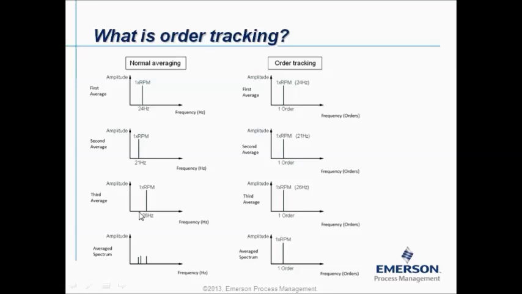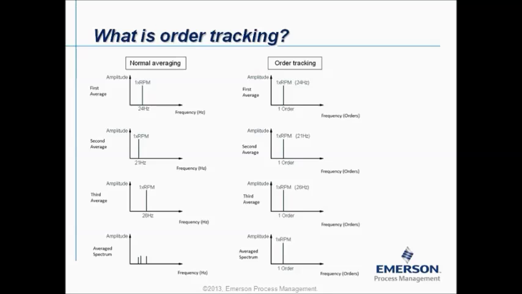During the third average, the speed was higher again, 26 Hz. Now, if we average that, the stored spectrum will show you 3 peaks. Every peak will have 1/3 of the original amplitude, but the final stored spectrum is more or less rubbish because the speed was changing during data collection.